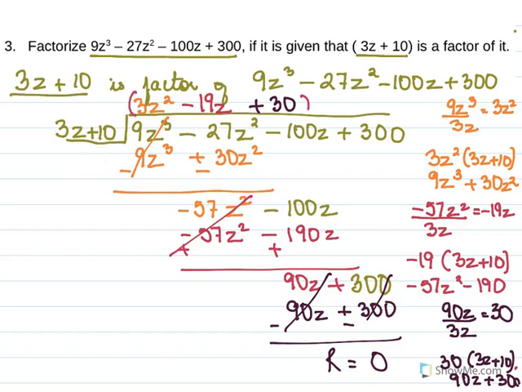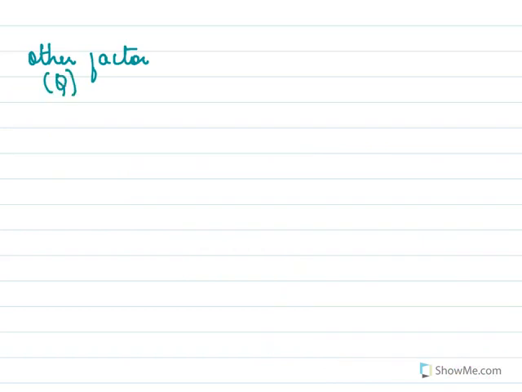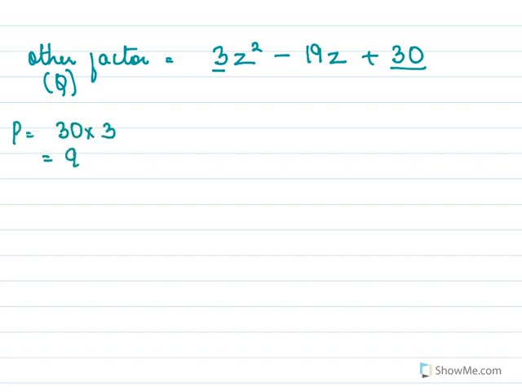Now we need to factorize the other factor. So the other factor was a quotient, which is 3z square minus 19z plus 30. We do middle term split. So the product should be 3 into 30, which is 90.